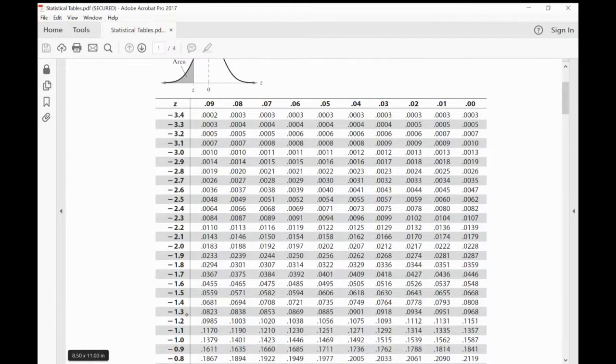So negative 1.2, here's the 0.05. I'm going to find the point where those two intersect, and it's right there. There's the area under the curve to the left of negative 1.25, because this is negative 1.2, and there's the 0.05, so if I take negative 1.2 like this.